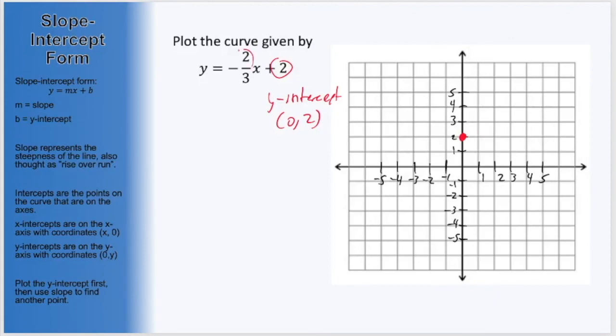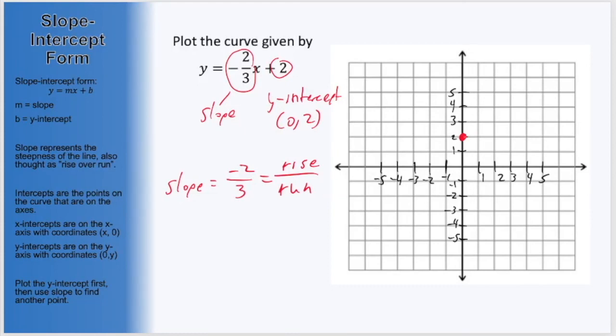For our next point, we'll be looking at the slope, which is the -2/3. Thinking of this fraction as rise over run, we need to pick which number we shall attach the negative to. I will go ahead and attach the negative to the 2 that's on the top, making my rise -2, while my run should be +3.